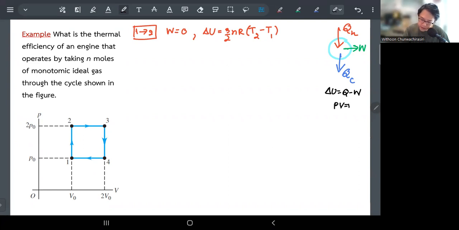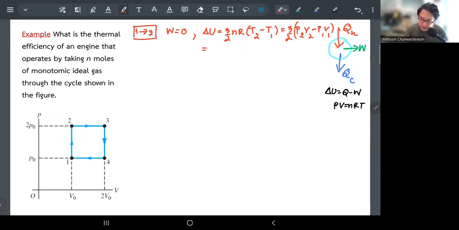PV equal to nRT, that's the equation of state of an ideal gas. So I can write this as 3/2 times P2V2, because it's nRT at point number 2, minus P1V1. Cool? Okay.